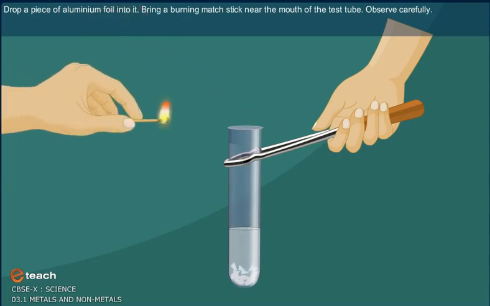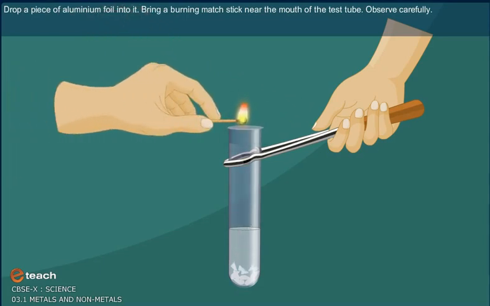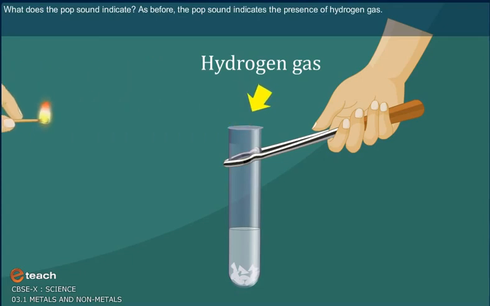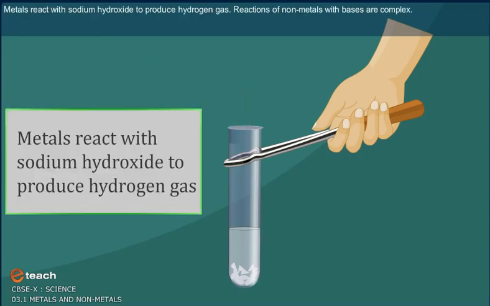Bring a burning matchstick near the mouth of the test tube. Observe carefully. What does the pop sound indicate? As before, the pop sound indicates the presence of hydrogen gas. Metals react with sodium hydroxide to produce hydrogen gas. Reactions of non-metals with bases are complex.